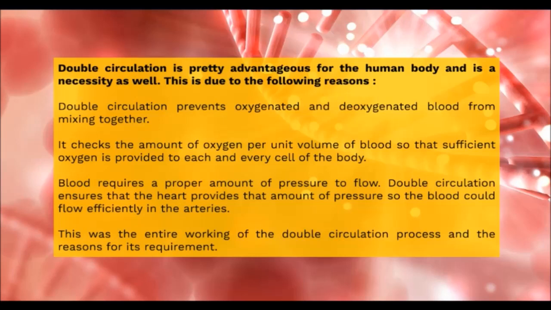Blood requires the proper amount of pressure to flow. Double circulation ensures that the heart provides the amount of pressure so the blood could flow efficiently in the arteries. This was the entire working of the double circulation process and the reasons for its requirements.